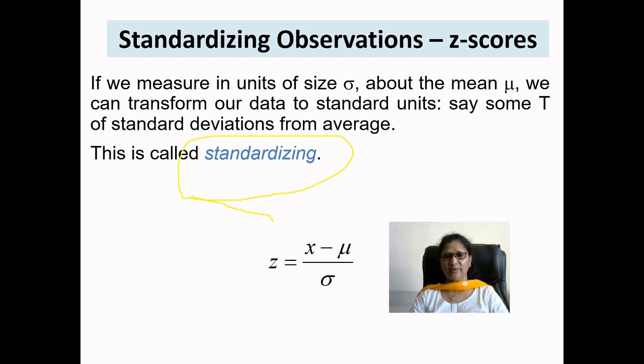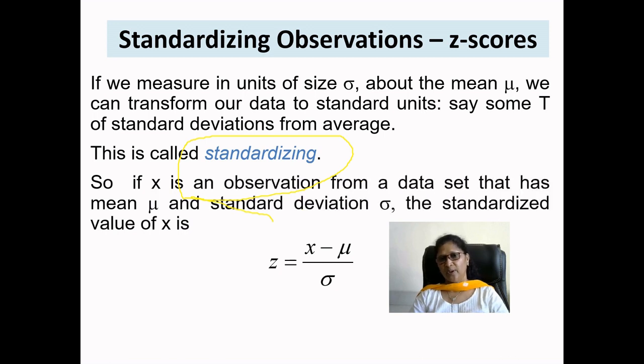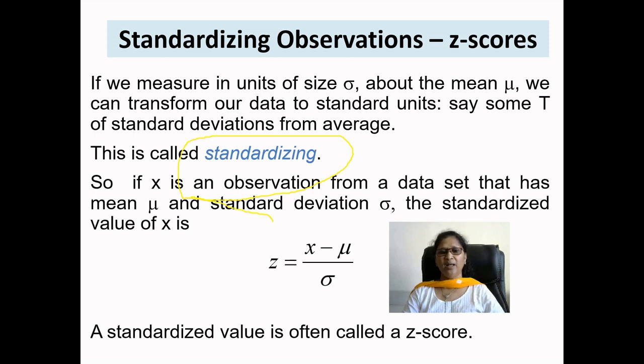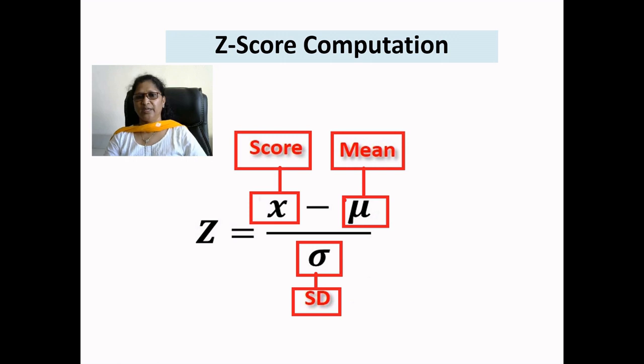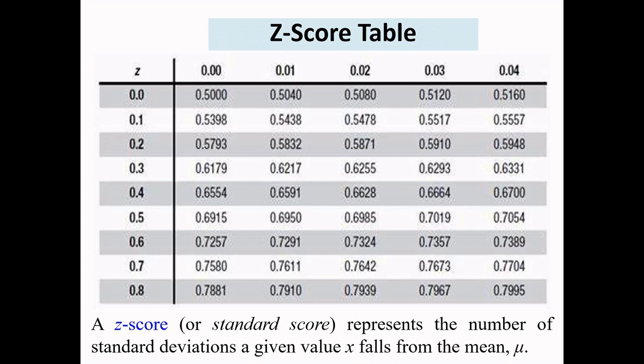That is, from a given value, we subtract its average and we divide by standard deviation. So if x is an observation from a data set and its mean is mu and its standard deviation is sigma, then a new value is computed using a formula, and this standardization value is called Z-score normalization. So in Z-score normalization, we use the original score, we use its mean, and we use standard deviation.